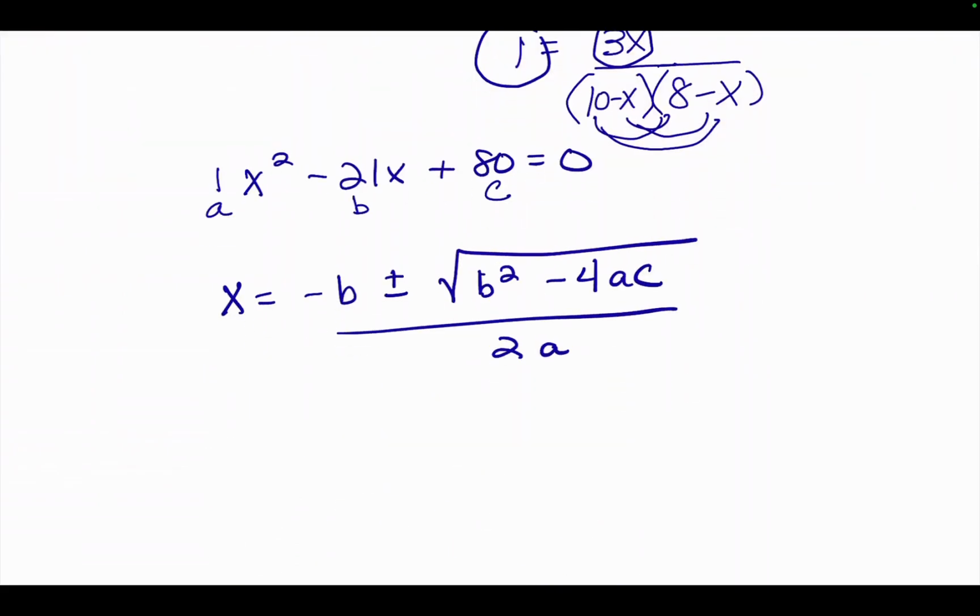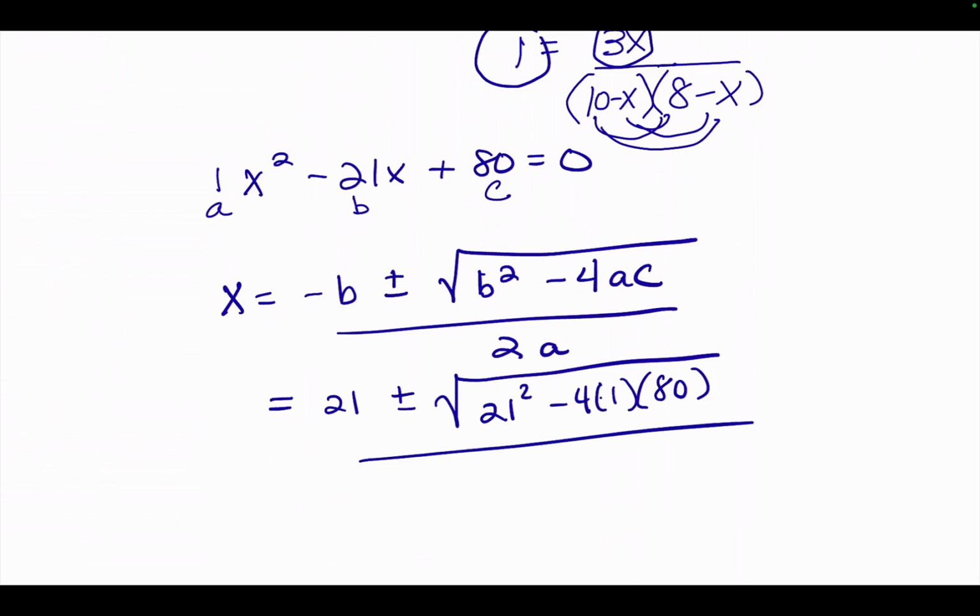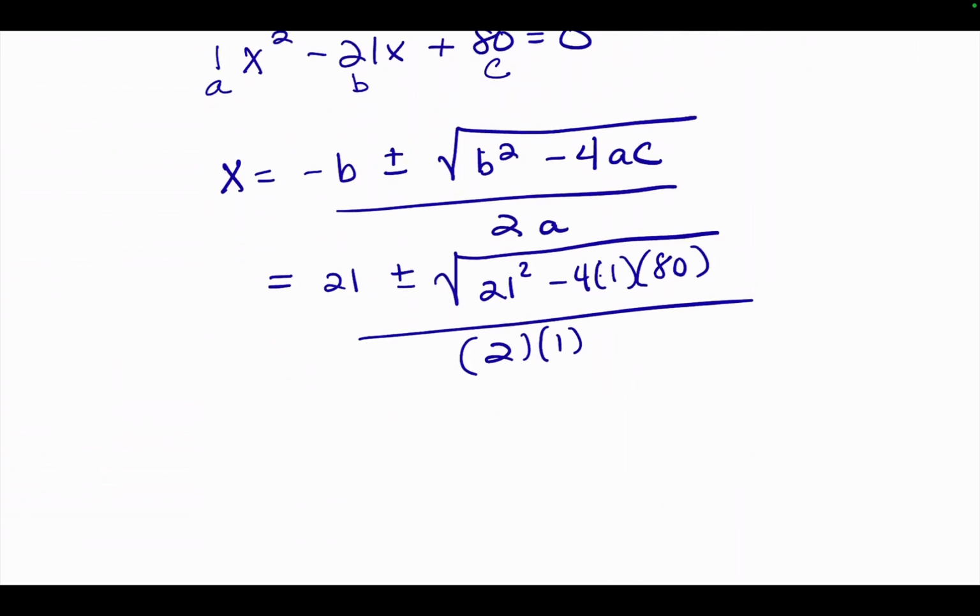So then I just sub in. So b is 21, plus or minus square root of 21 squared minus 4 times 1 times 80 all over 2 times 1. And you can do the math here, but I'll just tell you, you're going to get an answer of 16 and 5. So you'll get 2 answers.